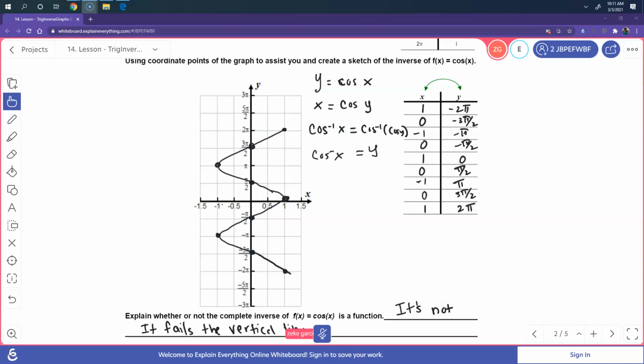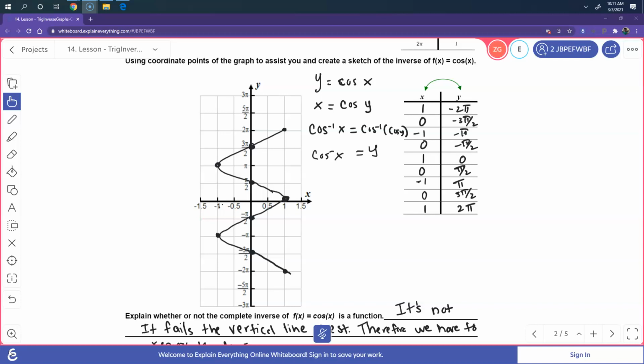Therefore, we have to restrict the domain. And you notice it oscillates from -1 to 1.